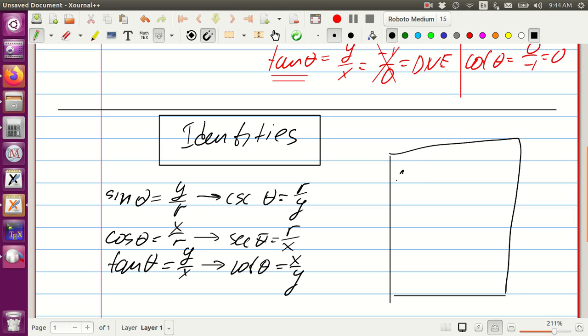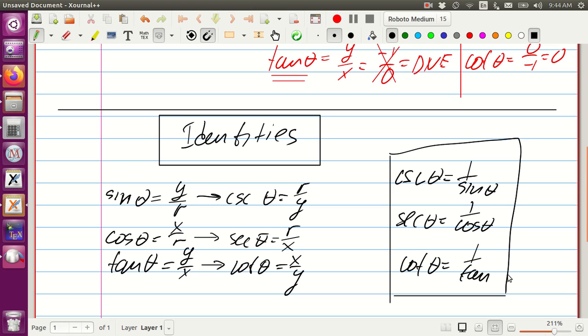So we can say cosecant of theta is equal to 1 over sine. Secant of theta is 1 over cosine, and cotangent of theta is 1 over tangent. That was the first set.